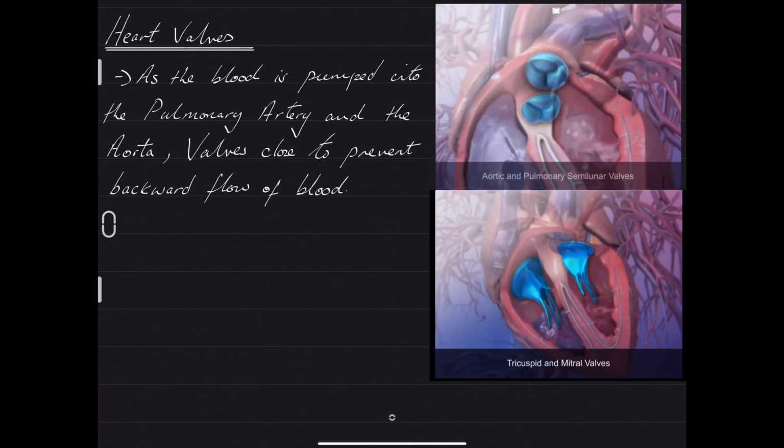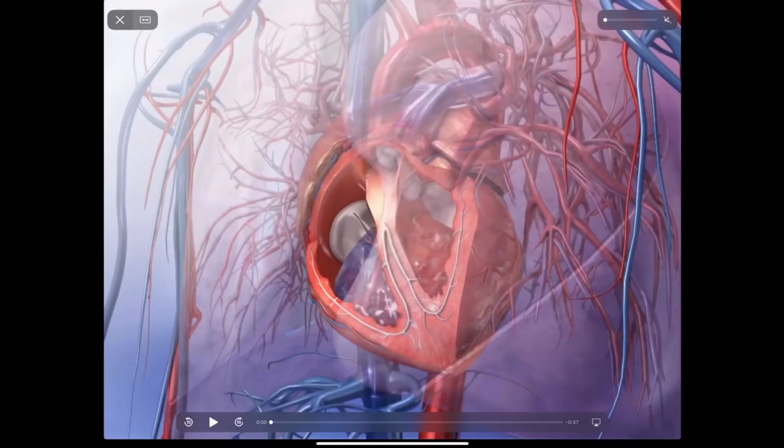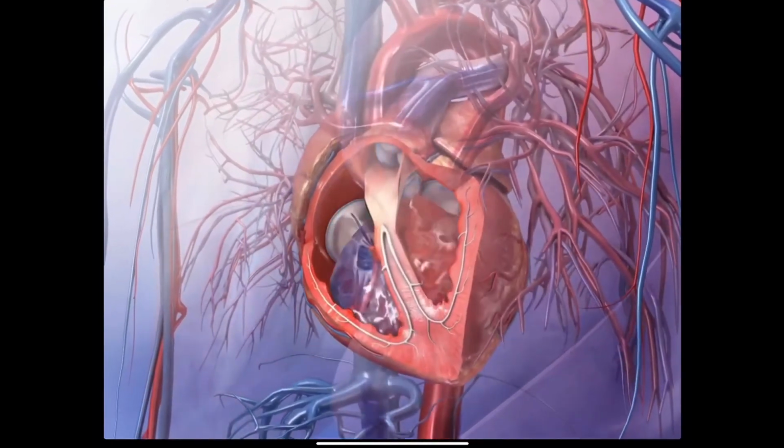Now, looking at this simulation, you can see how these valves are working and how they're working together to prevent the backward flow of blood as the heart is contracting and relaxing. So let us look at how the valves are working together in a coordinated manner to prevent backward flow.